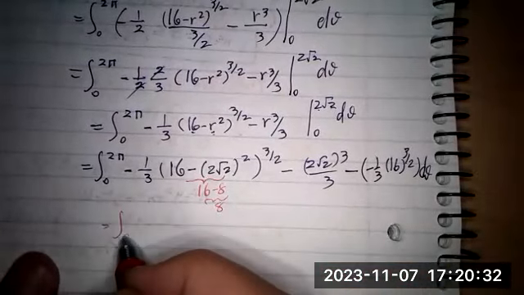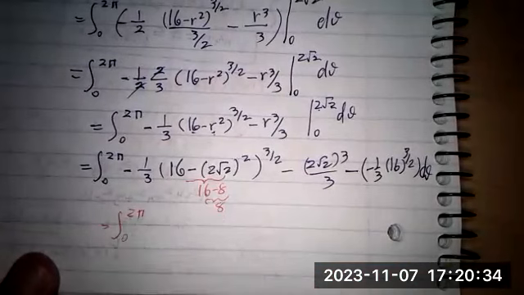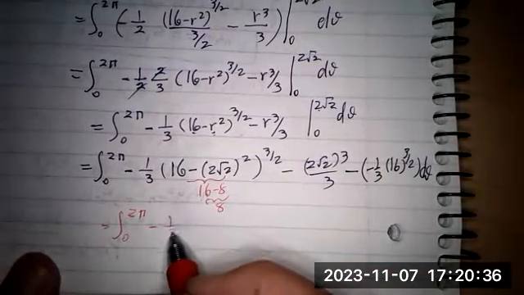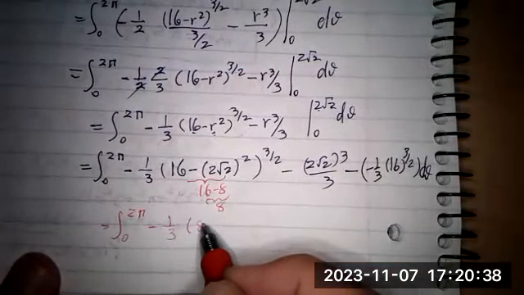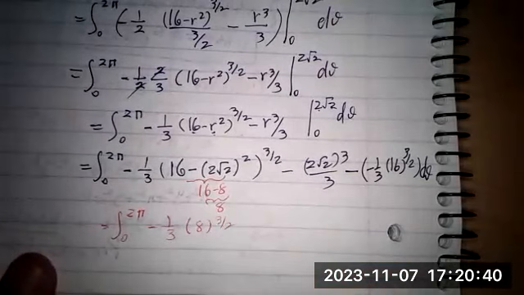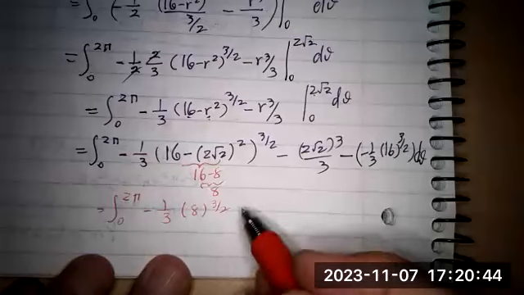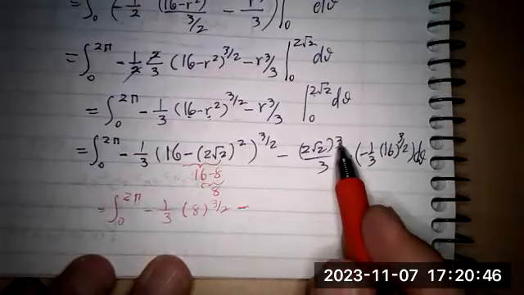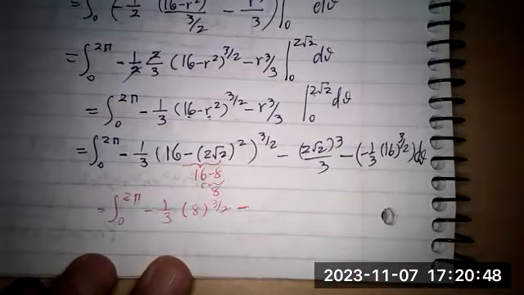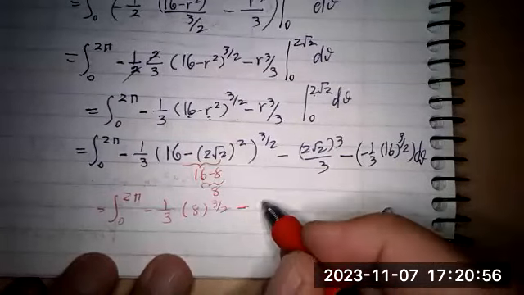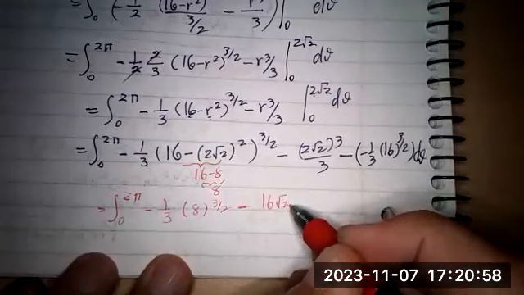So it's 0 to 2 pi, negative 1/3, okay, 8 to the 3/2. We can simplify it. And this is going to be minus, if you cube it, 8 to the 1/2 is 2 radical 2, so that gives you 16 radical 2 over 3.